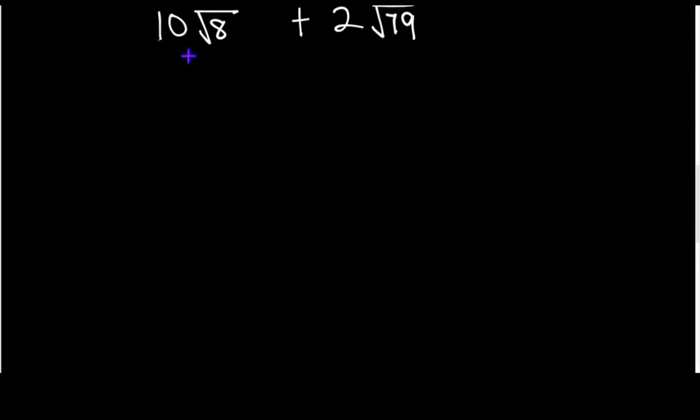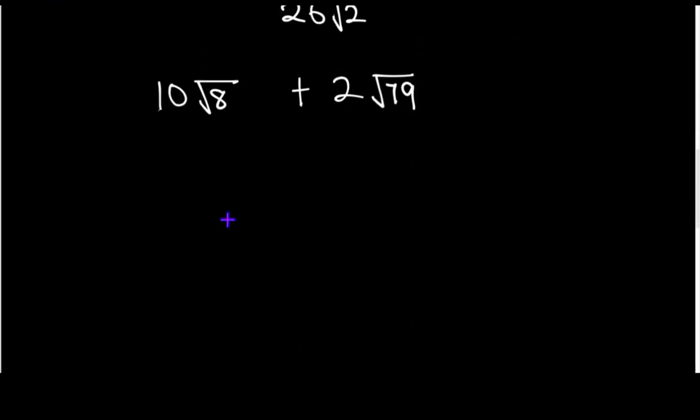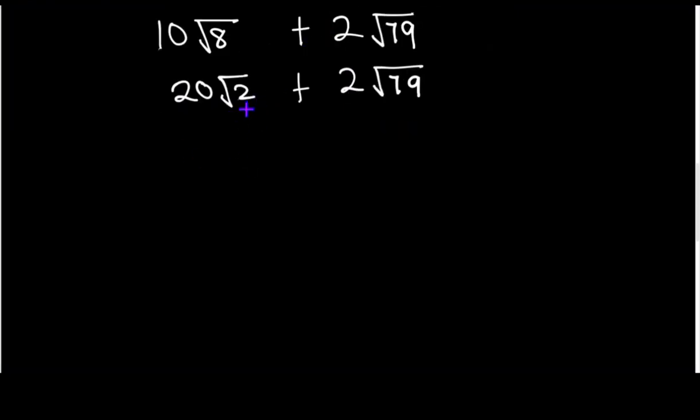So let's remember that in my previous question, we got 10 square root 8 to be 20 square root 2. So we're just going to write it there: 20 square root 2 plus 2 square root 79. So we can see the radicals are different. Square root of 2, square root of 79.